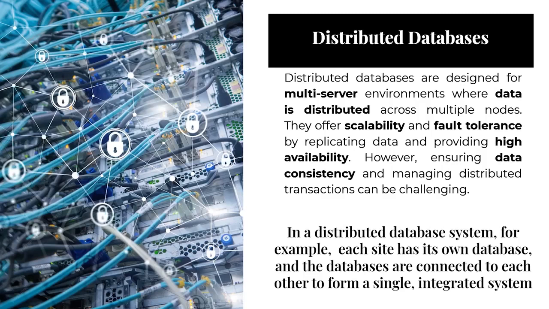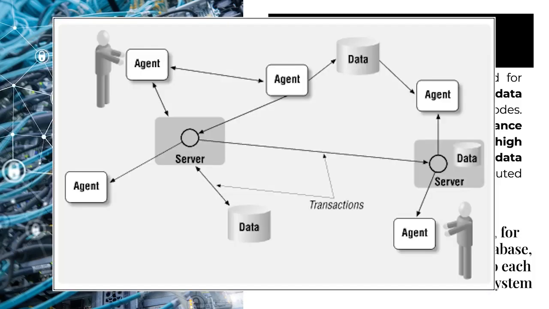Okay, so now about distributed databases. I remember the example I gave you: in a distributed database system, we usually have several servers. For example, NGIS LiveCamp can have a single server for all of its students. NGIS Jabi can have a server for its students as well.